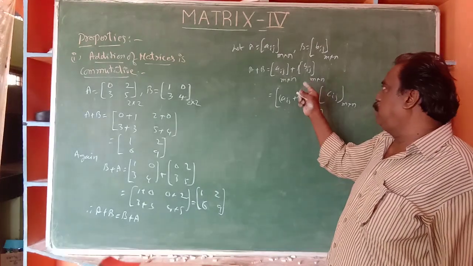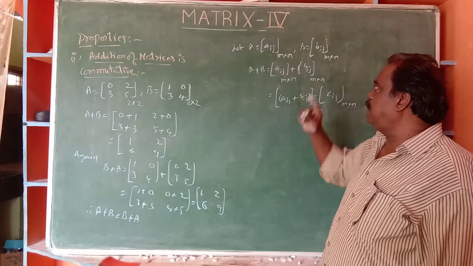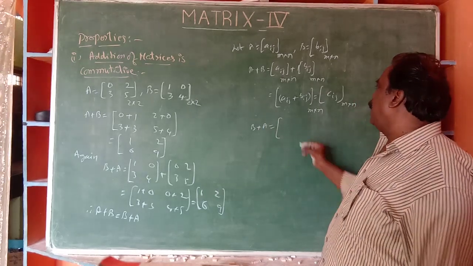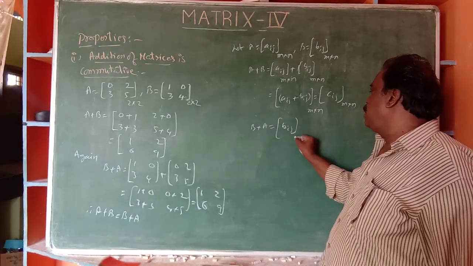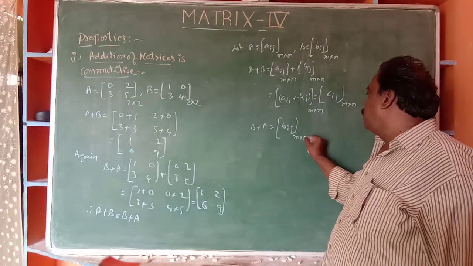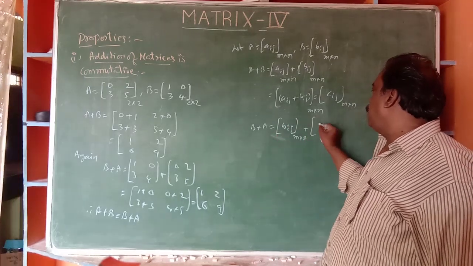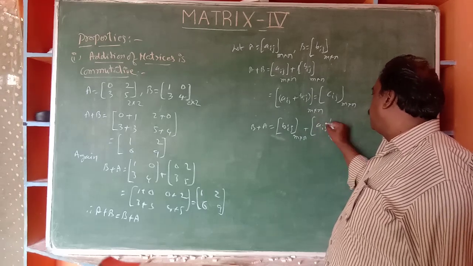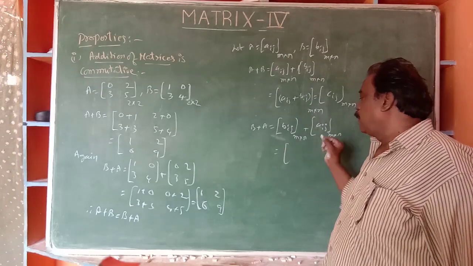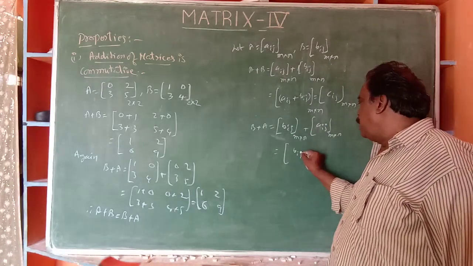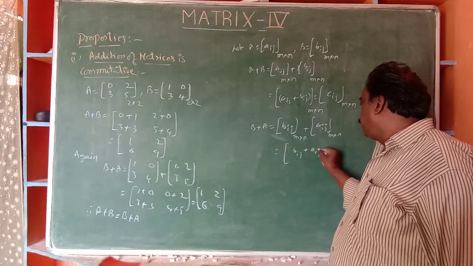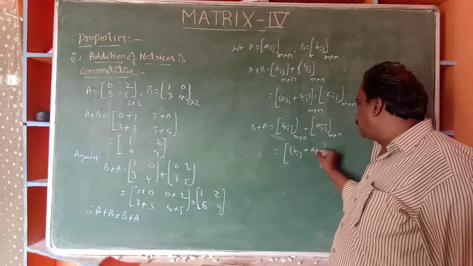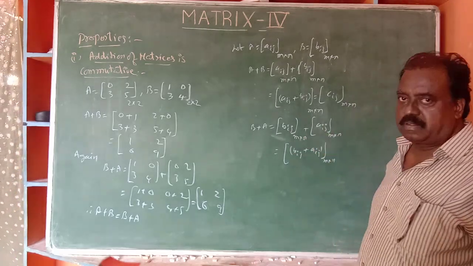Already the same definition is given, same steps are given in the addition of matrices. B plus A. What is B? Bij, M by N, and it is Aij, also M by N. Now it is Bij plus Aij, M by N. By definition, I am summing up the corresponding elements.